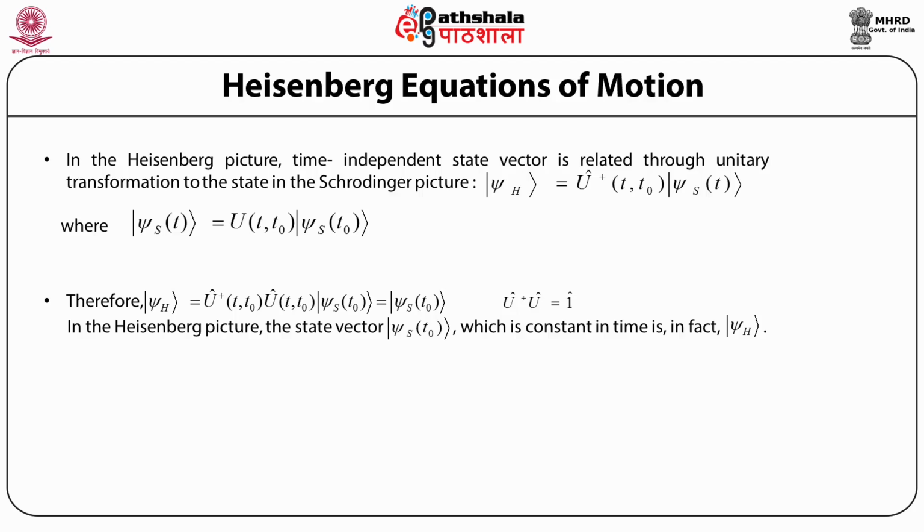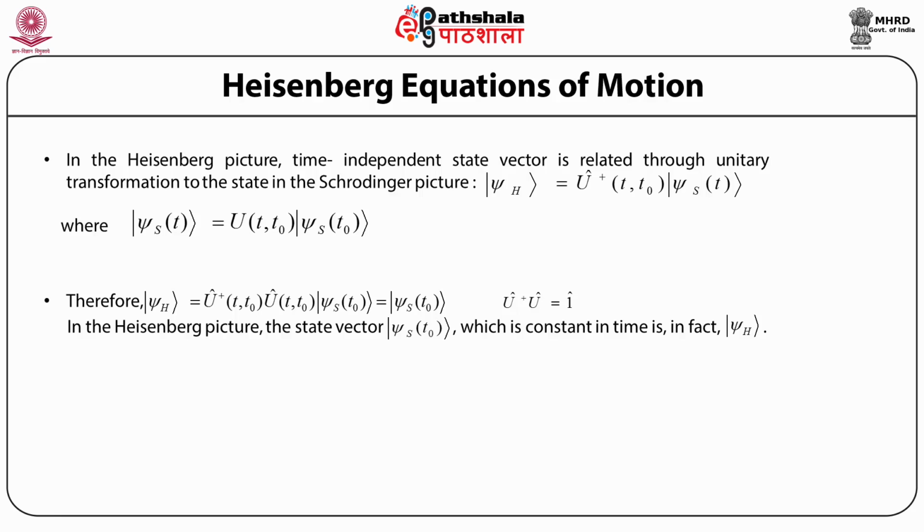This gives the result that the ket vector ψ_H is equal to the ket vector ψ_S(t0) in the Schrödinger formalism, since U†U is equal to the unit operator.